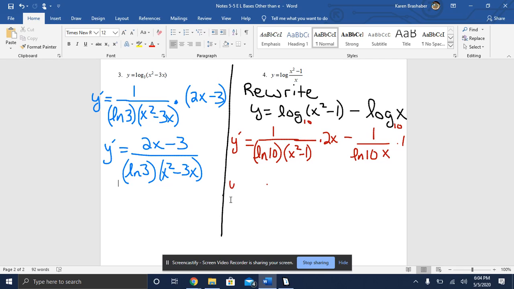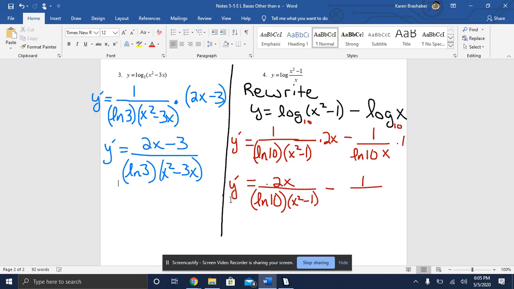So we can simplify this a little bit, writing the 2x in your numerator for that first fraction. And then in our second fraction, I'll just leave that as 1. Let me fix my writing.